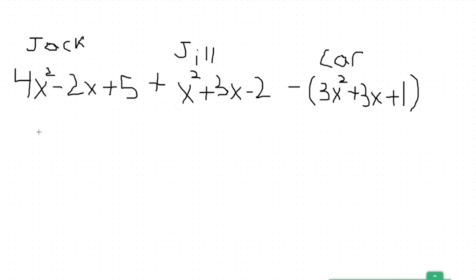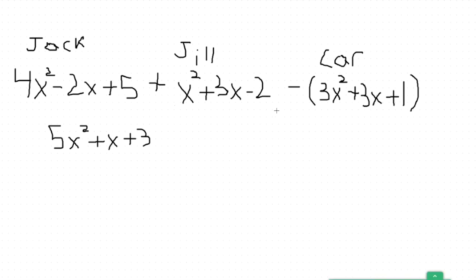So with combining like terms for x squared plus x squared, it's going to be 5x squared. Then we repeat this process for x and for just the base numbers. So that's 3. So this is the total value right here that they have. So now we distribute the negative here.